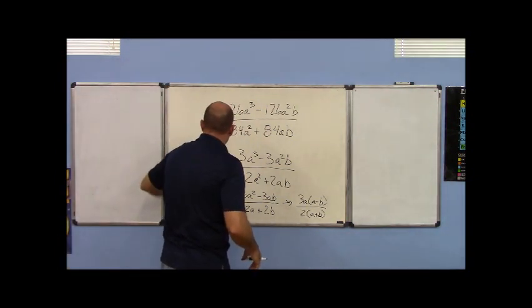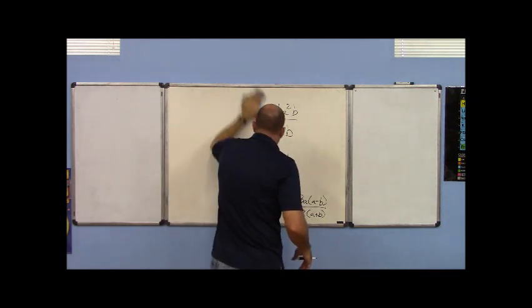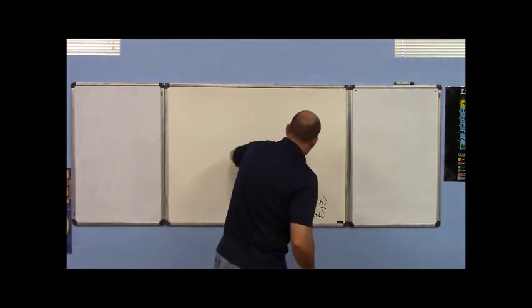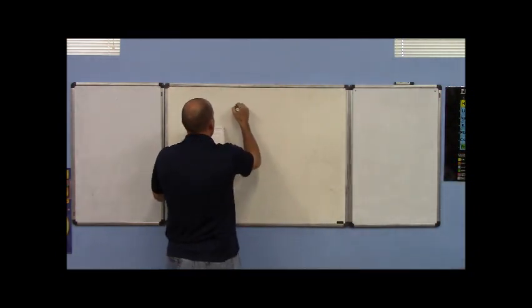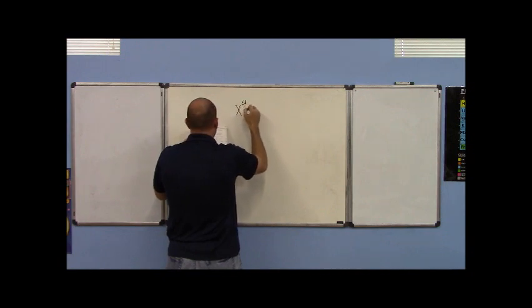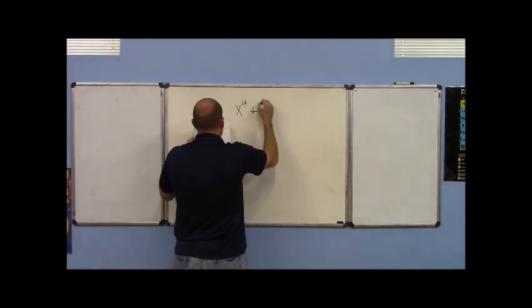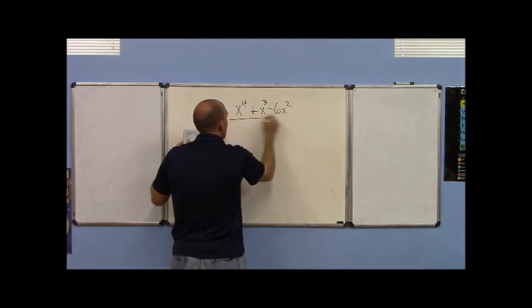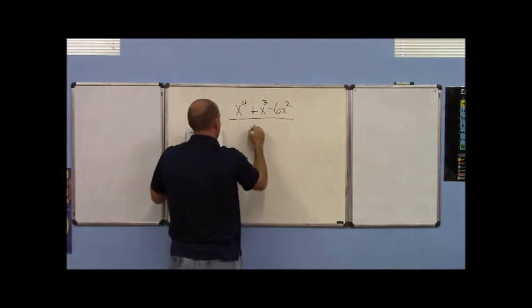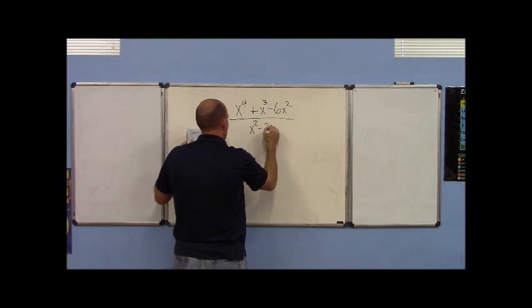It'll be example 3. So don't look, I will write it up on the board and you process through it. See what you can come up with. 4x to the 4th plus x to the 3rd minus 6x squared over x squared minus 2x.